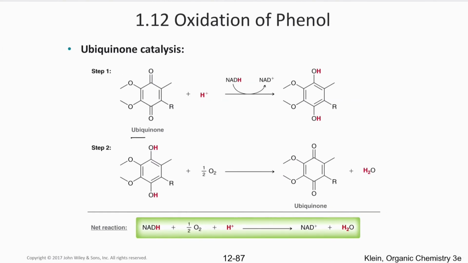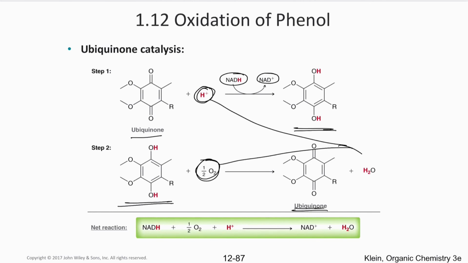Ubiquinones use protons that they get from NADH, creating NAD plus, to create hydroquinones, and then in the second step they oxidize to form ubiquinone back again. By this way, the final product is using protons and oxygen and converting them into water. So this is the process by which water is created out of hydrogen and oxygen in your body. This catalysis is called ubiquinone catalysis.